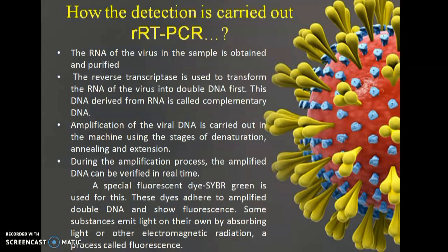So amplification directly results in an increase in fluorescence as there is an increase in the concentration of double-stranded DNA. More and more dye molecules will bind to the DNA, and they will show maximum or intense fluorescence. So the amplification is measured in terms of fluorescence in real time.